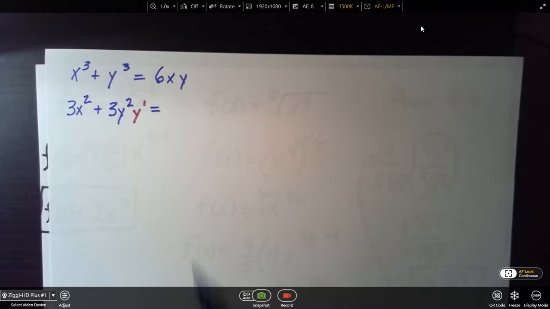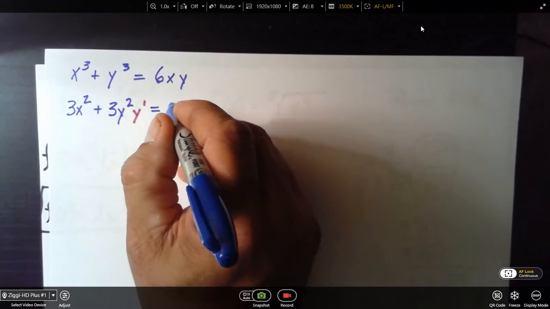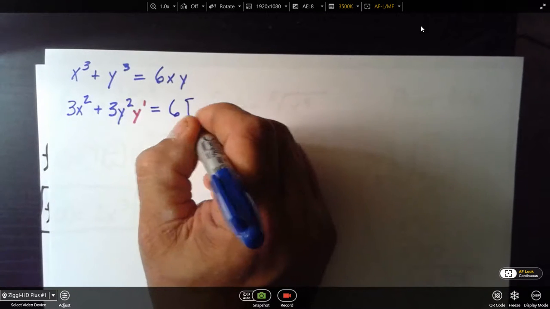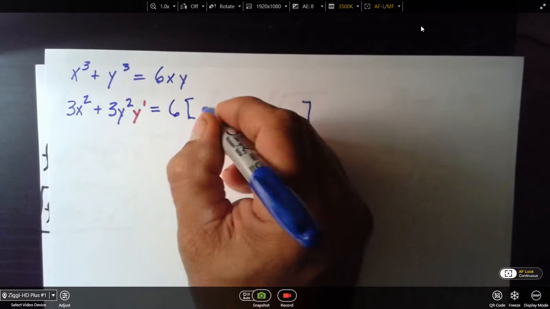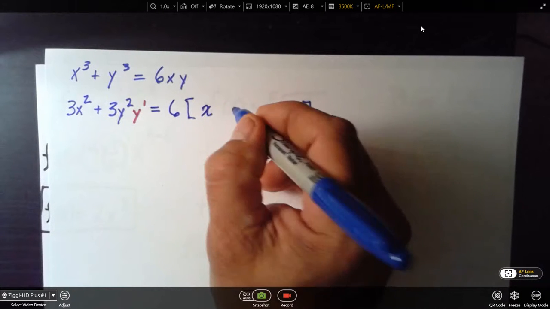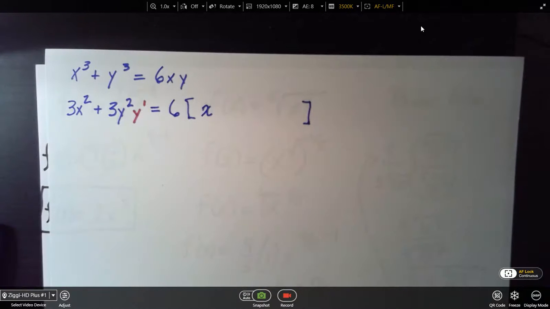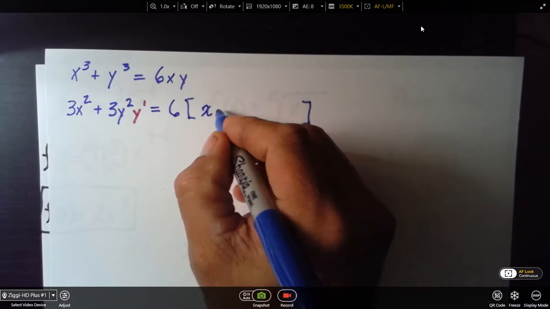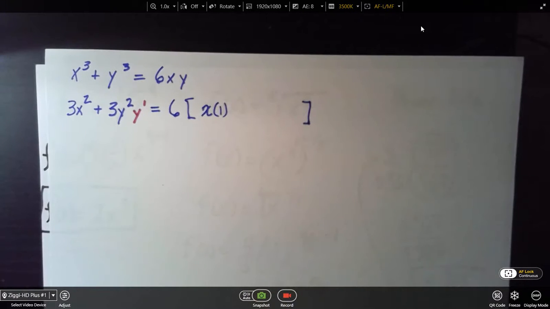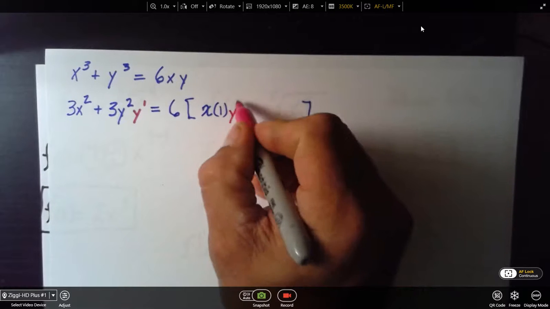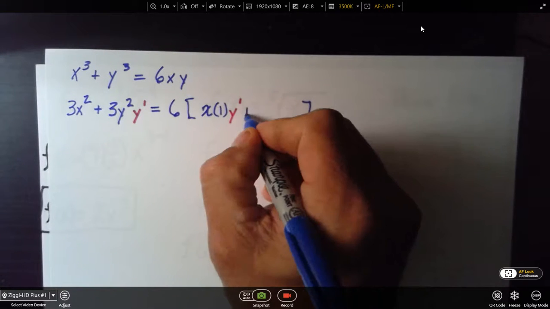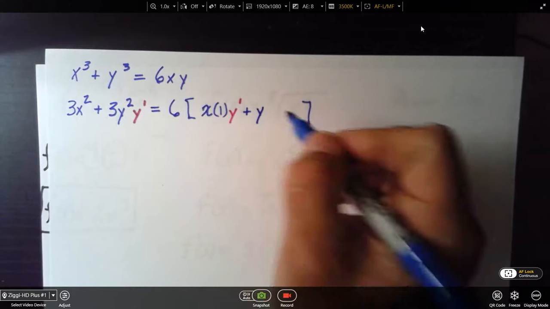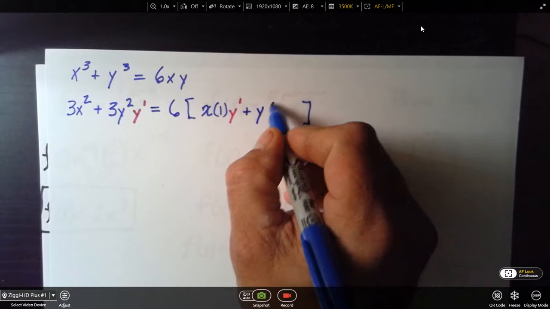So we got to use the product rule here. You pull the 6 out, constant rule in derivatives, so you can pull the 6 out. First times the derivative of the second, that'll be 1 times y prime, plus the second, y times the derivative of the first, which is 1.